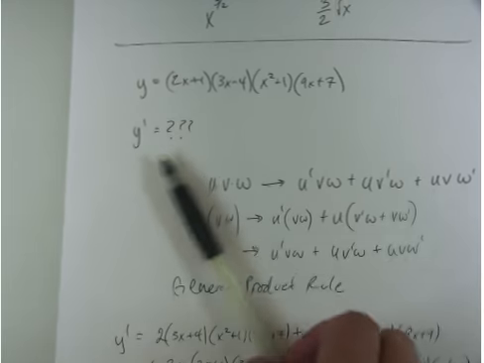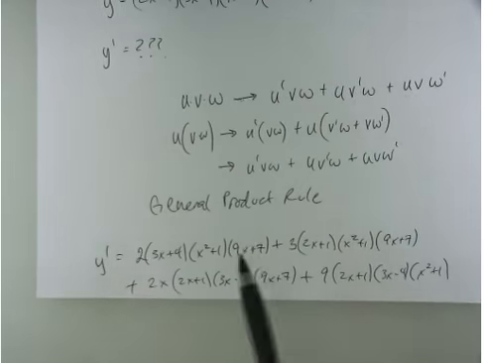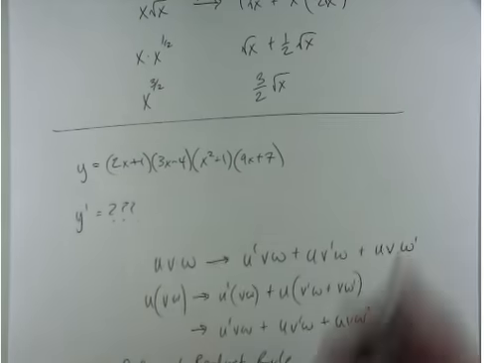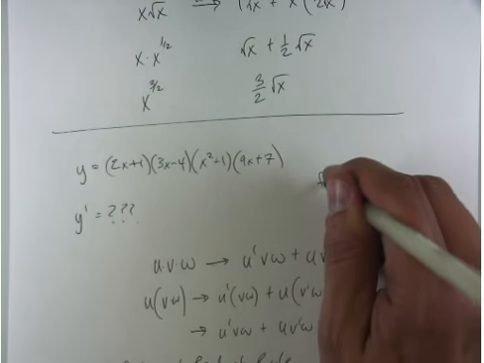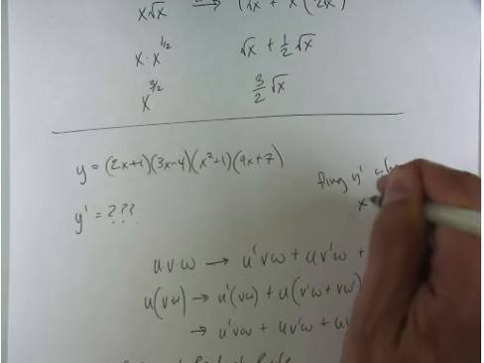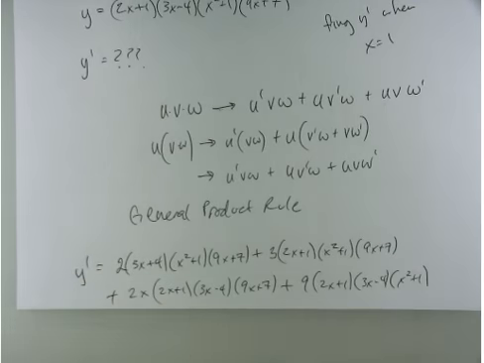But if all I'm interested in is what's happening at a point, here is a description of what's happening for any x, and it's kind of big and unwieldy. But if I wanted to say something like, find y prime when x is 1, this is going to be just fine, because I can plug 1 into this, and it'll be really easy.